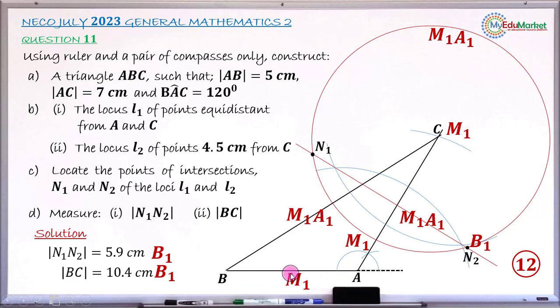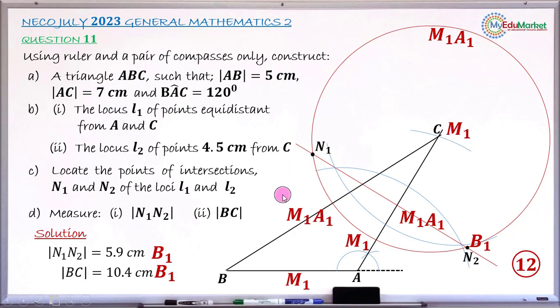The next mark is for constructing angle 120 degrees. That is constructing this angle 60 at the opposite end. That gives you this method 1 mark. This arc must be seen before we award you this very mark. The next mark is for locating the position of the point C. That gives you this method 1 mark.